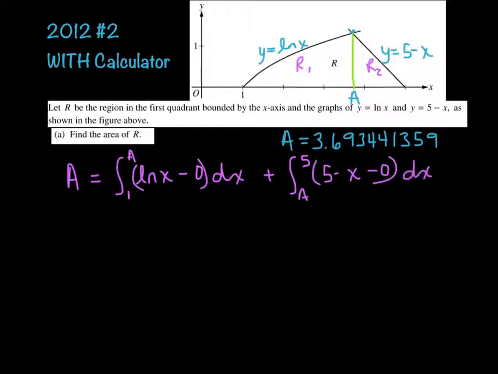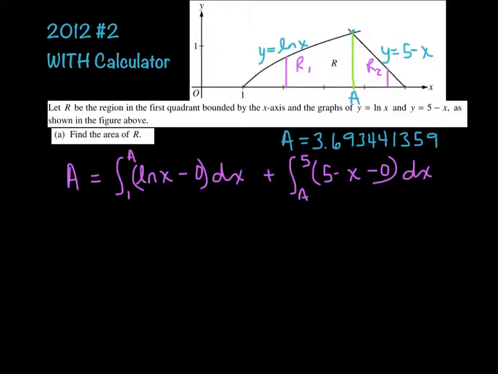Now, do you need the minus 0? Absolutely not, okay? But if I'm just showing my upper minus lower for each of these, in this left-hand region, my upper minus lower is right there from the natural log of x to the x-axis, and on here, it's the line 5 minus x to the x-axis, to the 0.